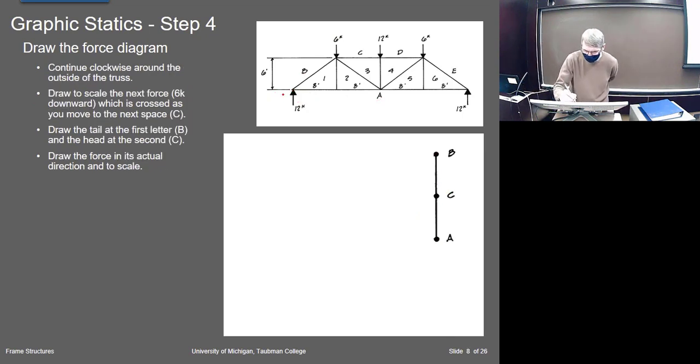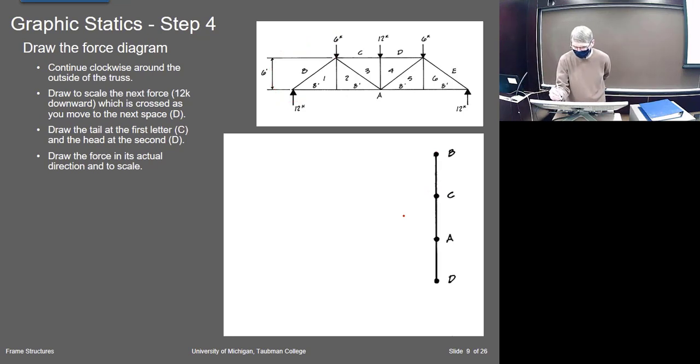Then we continue in this direction. So the next one here will be BC, right? This member. And that's going down by 6. So I start at B and I go to C and I go 6 downward. So that's that force.